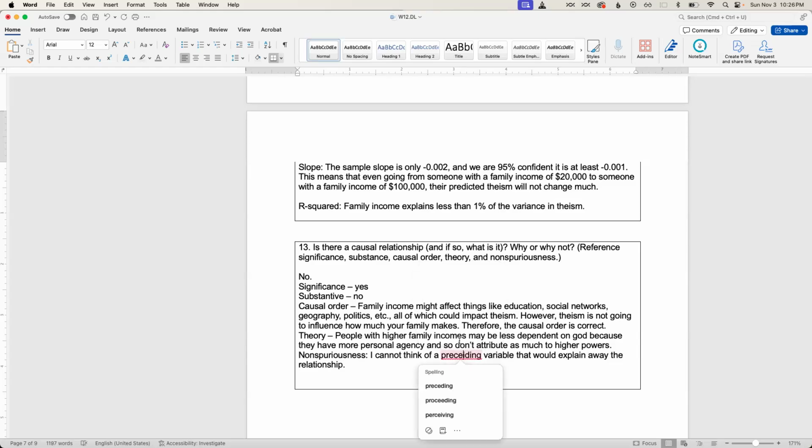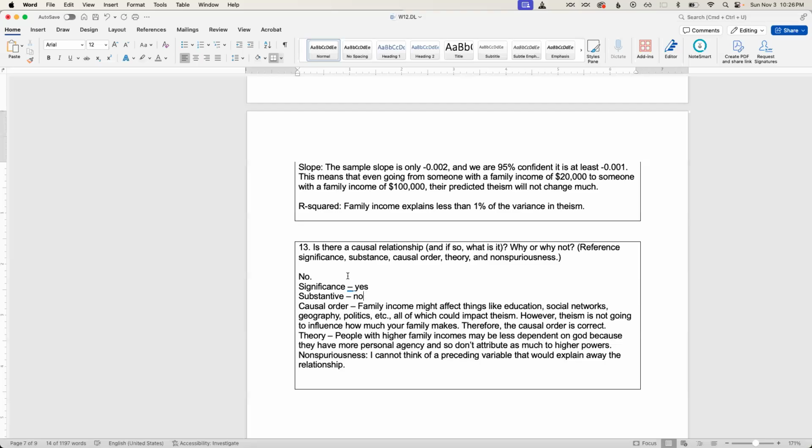So again, often it's going to be non-spurious. It's going to be spurious more often if your independent variable isn't something like family income or age or race or gender, but something like a certain political belief that has more things that might come before it that could explain it away.